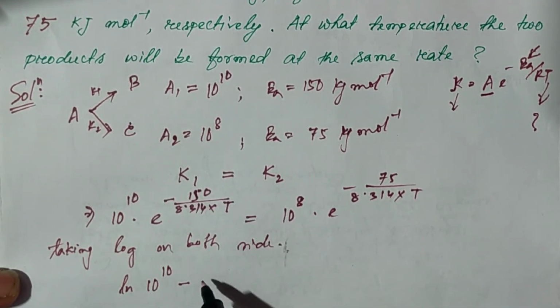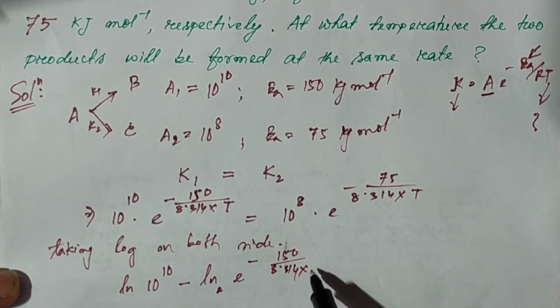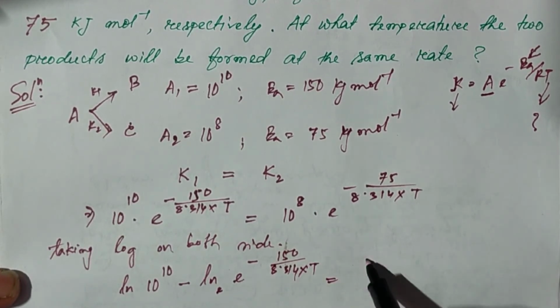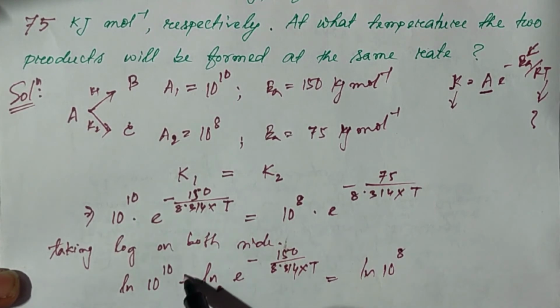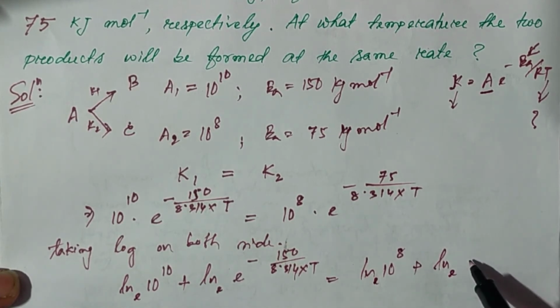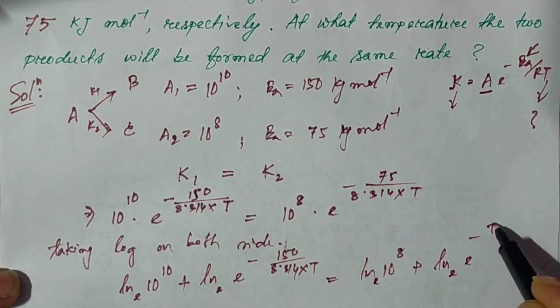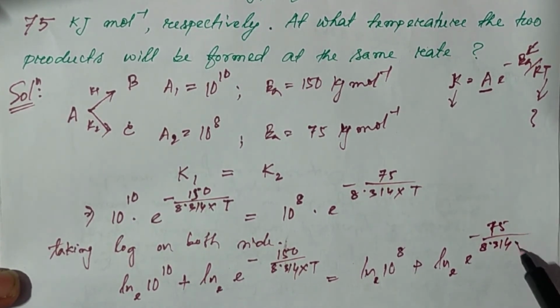So that means ln, here it is A e, and it is 150 by 8.314 into T, is equal to ln 10 to the power 8 plus ln, here is A, always there is an e here, e to the power minus 75 by 8.314 into T.